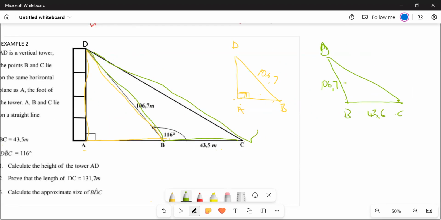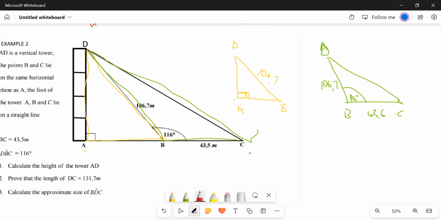You don't know what is DC. Okay. Is there any angle that you know from this triangle? From DBC. Yeah? Angle B. Okay. Give me what is going to be angle B. 116. Yeah? So this one is 116 degrees. Okay, sure. Okay, thank you, Vilankul. Okay, next.